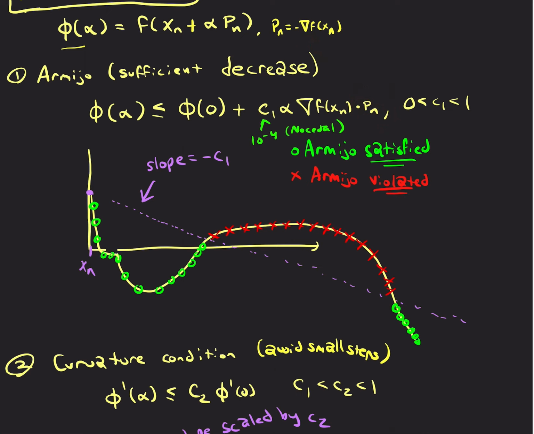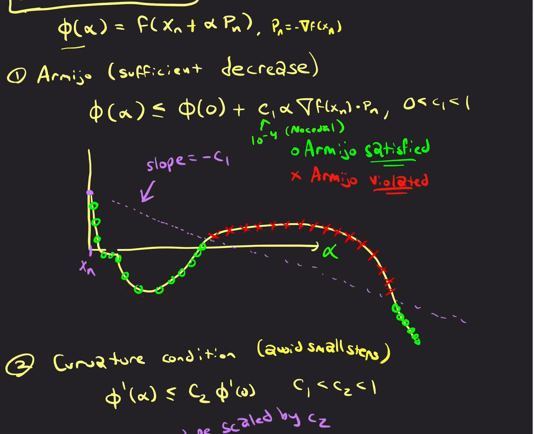Otherwise, you're not even trying to descend. And then I'm plotting now alpha on this axis. Whatever the function value is, it must be below this line. So these green circles are acceptable points, and the red x's are unacceptable. We throw them out. So it violates the Armijo condition, so we're definitely not choosing that step length.